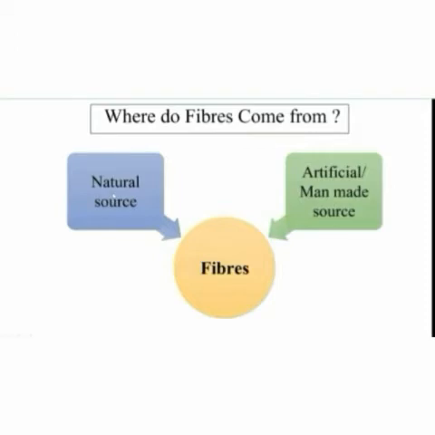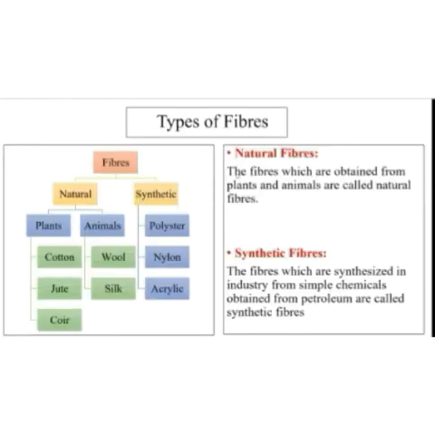We get fibers from two sources. Those are natural sources and artificial or man-made sources. The fibers which are obtained from plants and animals are called natural fibers. What are they called? Those which we obtain from plants and animals are called natural fibers. For example, from plants we obtain cotton, jute and coir fiber.